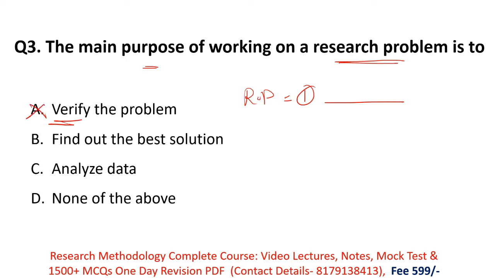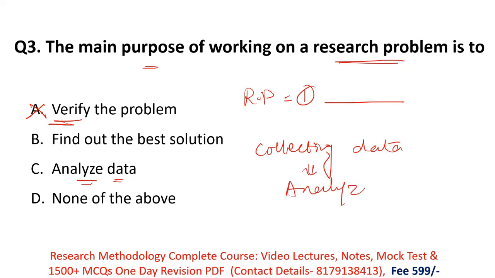Then we'll see option C, analyze data. Remember, in research we analyze data after collecting data. Suppose I collect some data from a sample by performing research, and after that I am analyzing the data I got. Is it correct data?